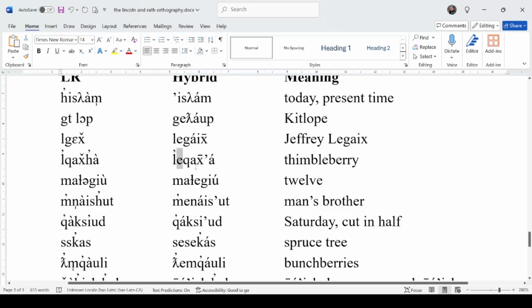We have an E in between the glottalized L and the K, which helps break them up visually. Then we have an X bar instead of a caron on top of the X, a regular apostrophe instead of the apostrophe H, and an acute accent on top of the A. Lakacha means thimbleberry.